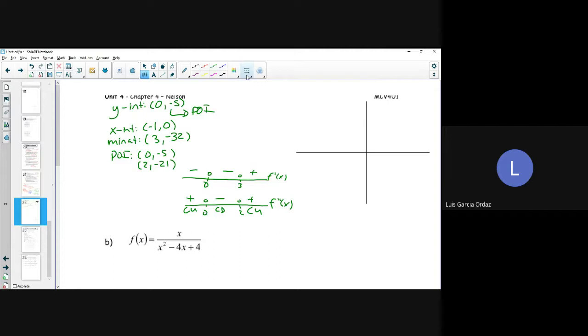Now I'm going to plot my important points. I'm going to pull out my (-1, 0) here. Okay, I'm going to plug in my (0, -5), which is also a point of inflection. My other point, which is (2, -21). And my min, which is at (3, -32).